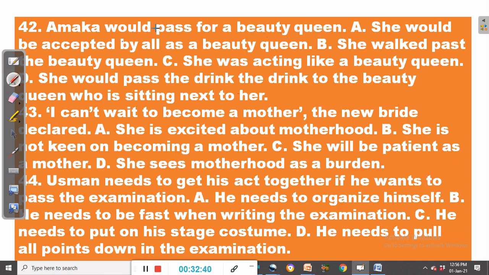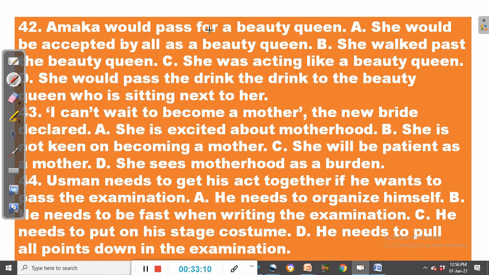It means that Amaka could be seen as a beauty queen, or anyone who looks at Amaka could believe that she is a beauty queen. So that's the picture we get from this. If you pass for something, it means you qualify for it. All right, so with this kind of understanding, let's look at the options.